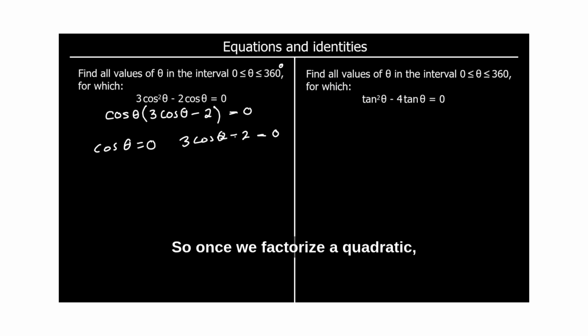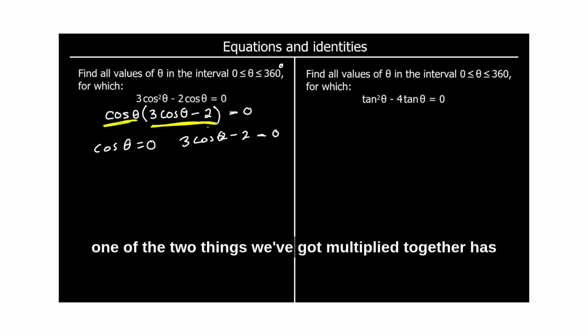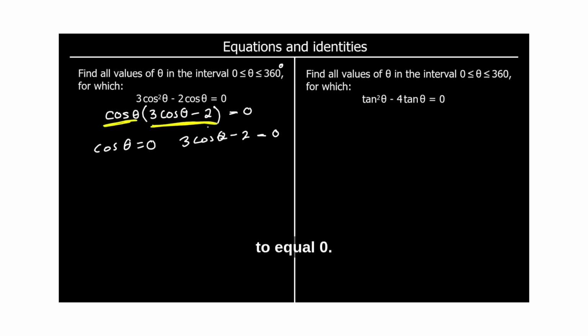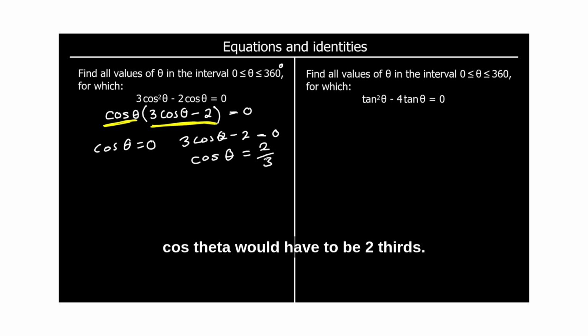Once we factorize a quadratic, either one of the two things we've got multiplied together has to equal 0. So if 3 cos theta minus 2 equals 0, plus 2 to both sides, divide by 3, cos theta would have to be 2/3. So we've either got cos theta equals 0 or cos theta equals 2/3.